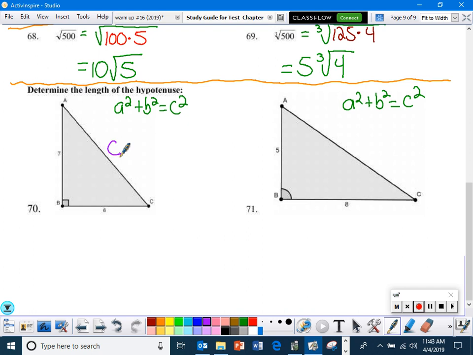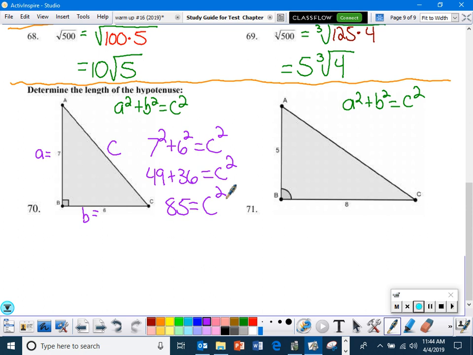All right, so we'll say that this is A and we will say that this is B. So we're going to go 7 squared plus 6 squared equals c squared. Well, that would be 49 plus 36, that gives us 85.